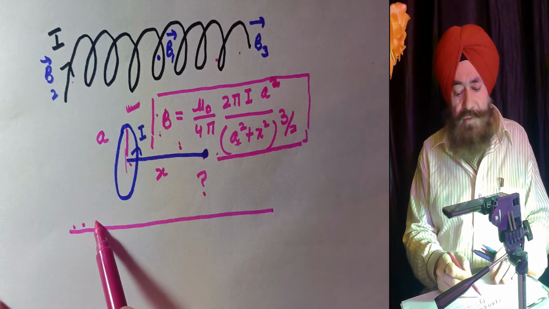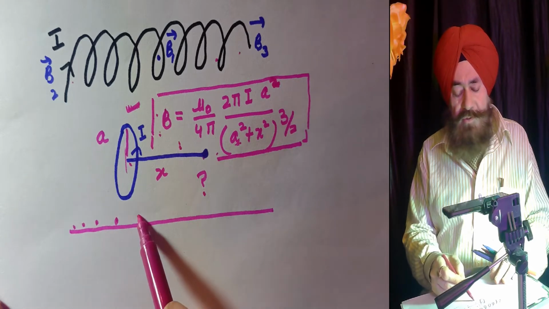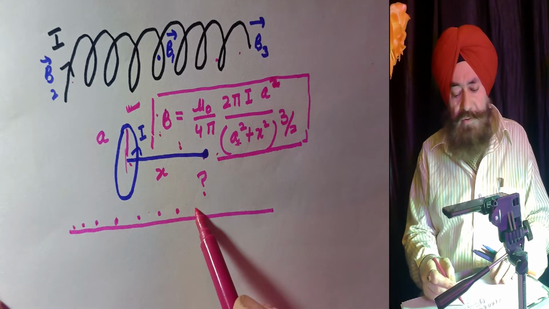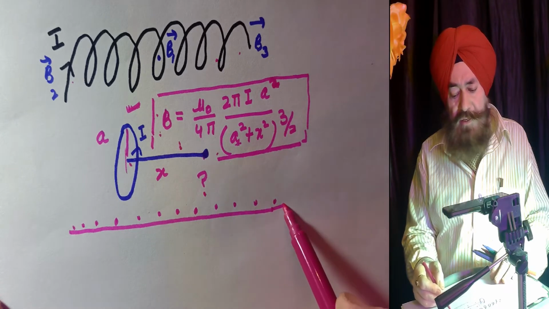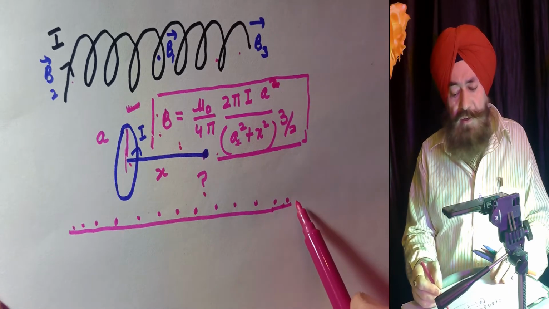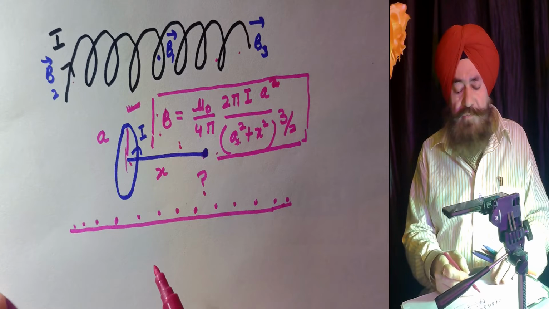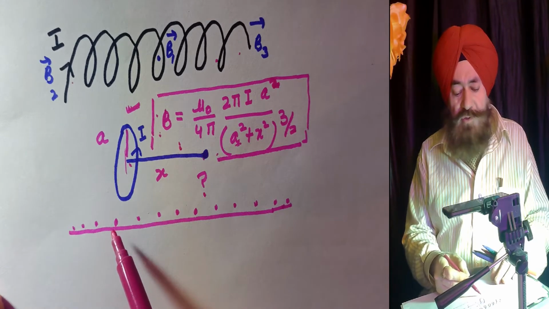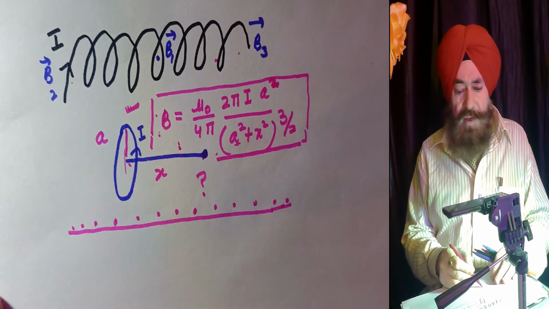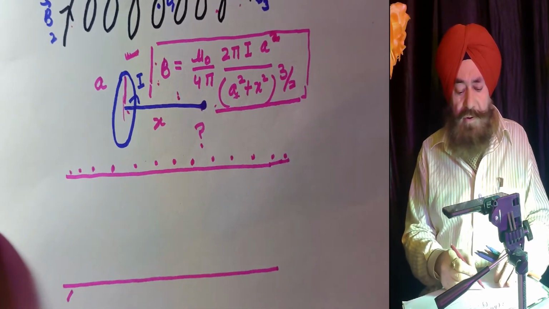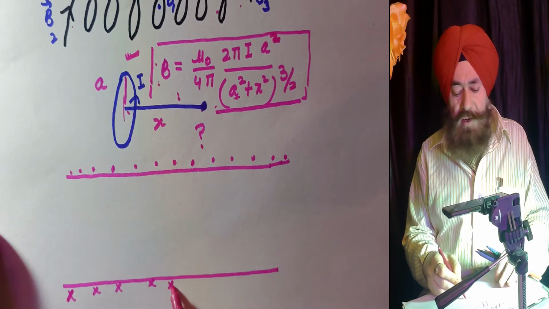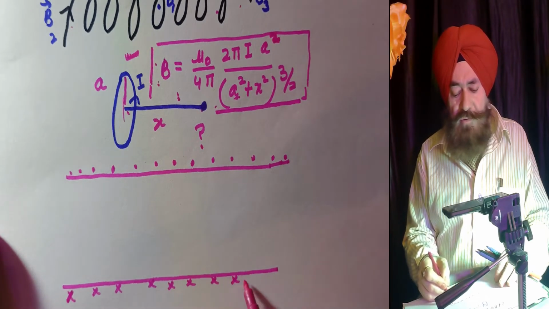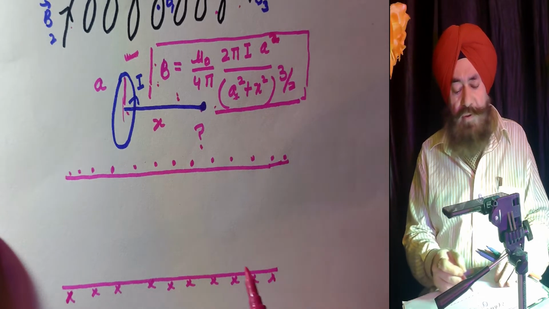The dots mean the end of the coil is coming out of the paper, and the cross means the end of the coil is going into the paper.